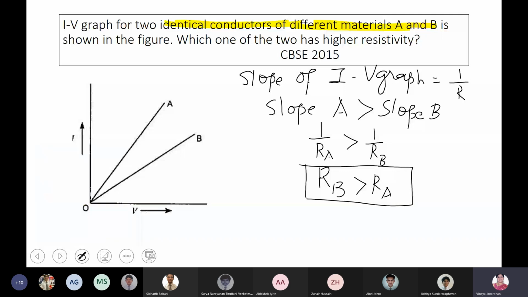So identical conductors mean L and A, thickness and length, are the same, right? L and A same. But what happens to the resistivity? Resistivity is different, correct?